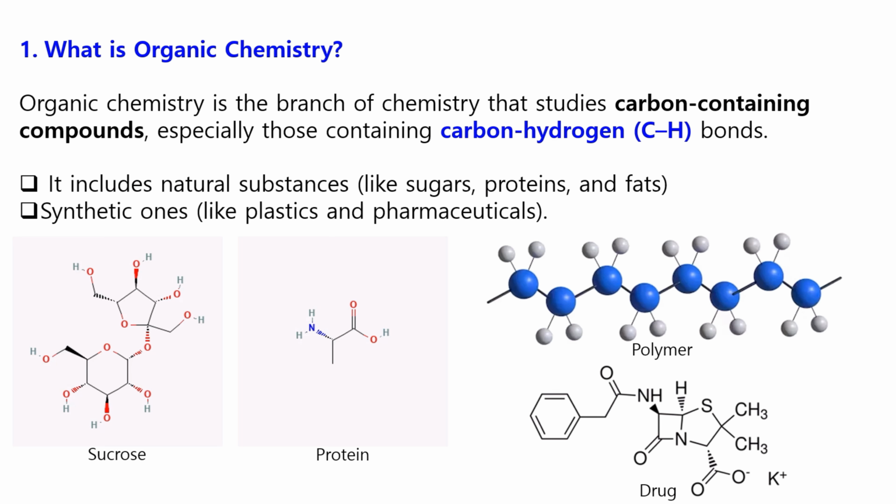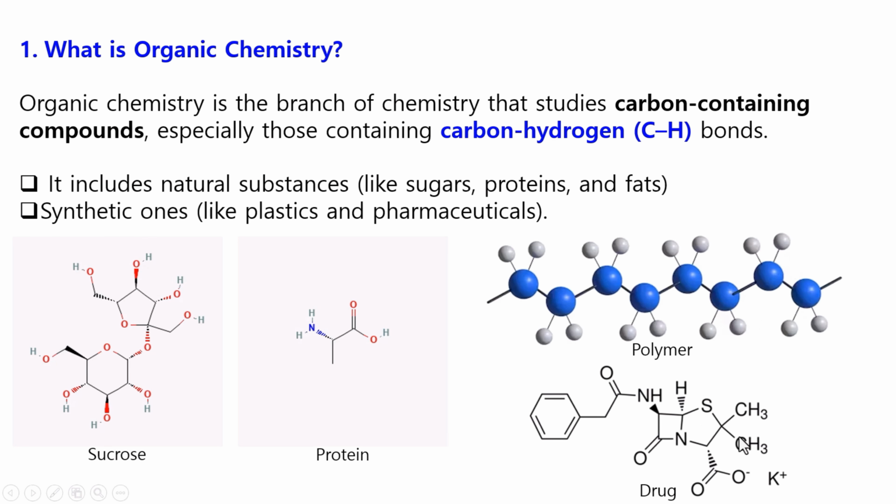bonds. So here we will see two kinds of examples. One is natural substances, that is sugar, proteins and fats. Second one is synthetic ones, that is plastics and pharmaceuticals. Pharmaceutical means a drug molecule. Plastics means this polymer, the polyethylene bags. This is the polymer.